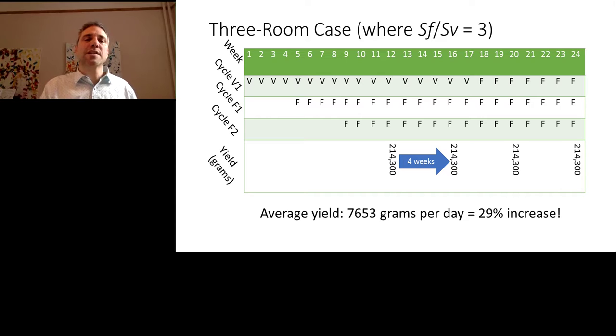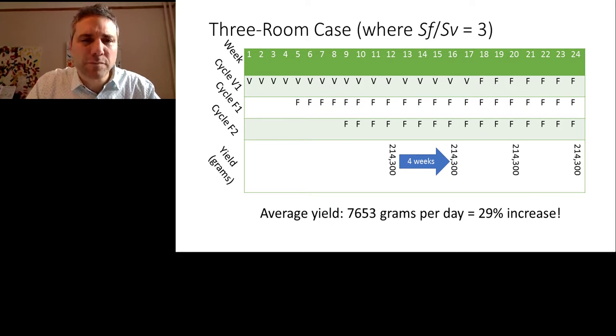Okay. And so now we have a new table, and we see that once one veg cycle's done, we feed the flowering room. We immediately start another veg cycle. Once that cycle's done, we feed the second room, right? And then when the first flowering room reaches maturity, we're ready to load it again with the product from the vegging room.